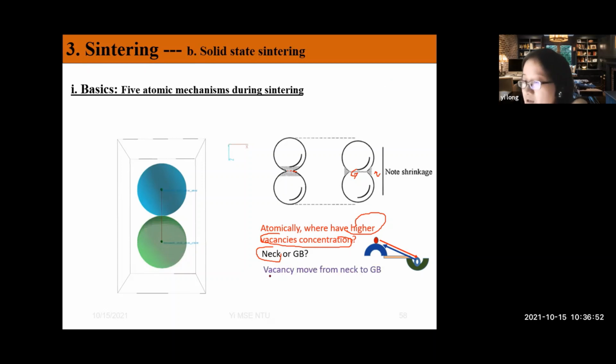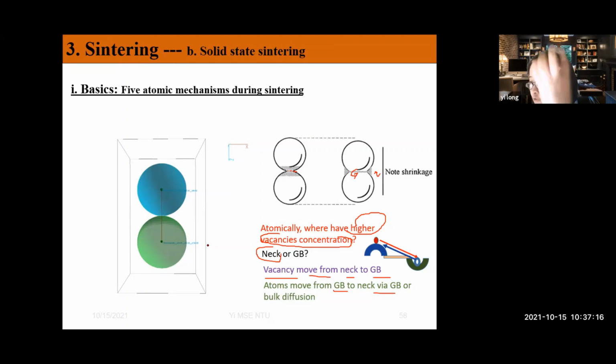So that's what we put here. The vacancy moves from the neck to the grain boundary, and the atom moves from the grain boundary to the neck. Obviously during P4 and P5, the vacancy and the atom move in opposite directions. First of all, P4 and P5 happen at the grain boundary already, right?